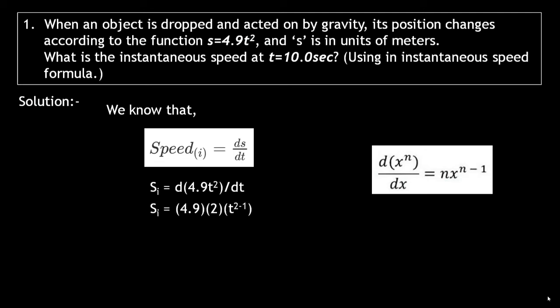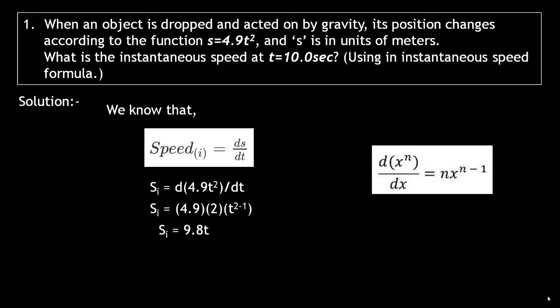That is SI is equal to 4.9 into 2 into t power 2 minus 1. Here I just applied the d by dx of x power n formula to d by dt of t square. So that is 2 into t power 2 minus 1. Now SI is equal to 9.8 into t power 1, that is t.